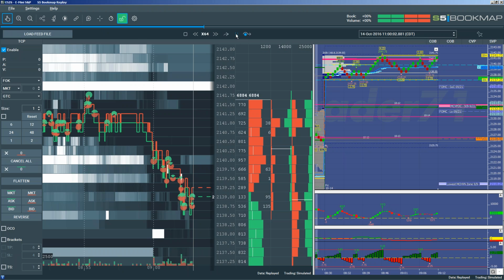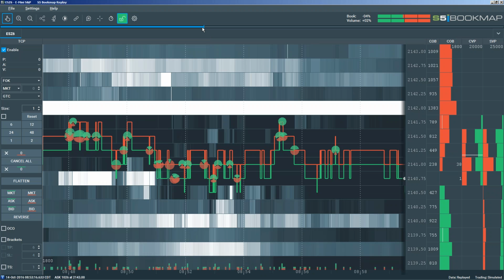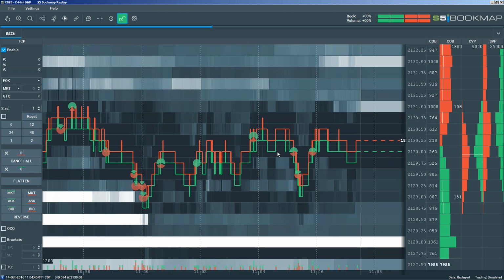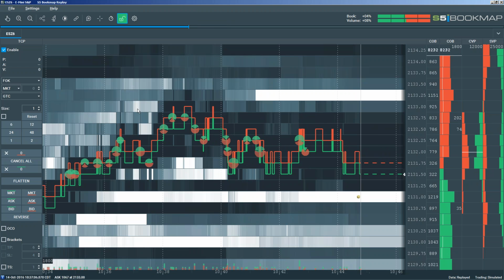This could be not so much fun if it's not running. So let's try that. I think I'm just stressing. Let's slow this down. Yeah, this should be updating. We're actually at 11 o'clock already. I'm looking for a trade, and it would be unfortunate if this didn't work. I'd have to figure out why that is.